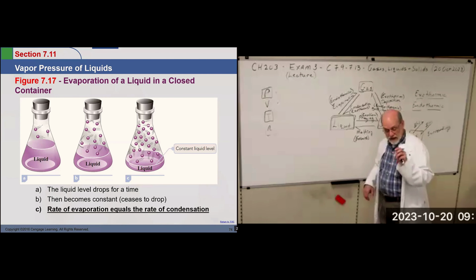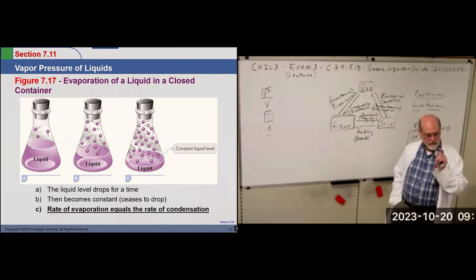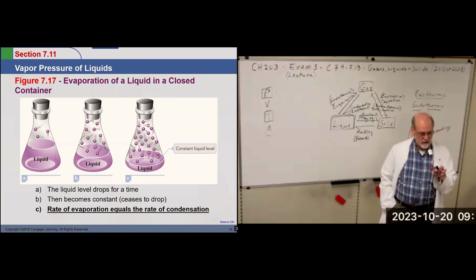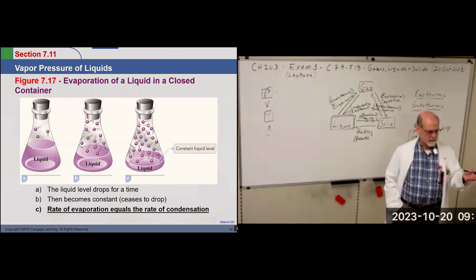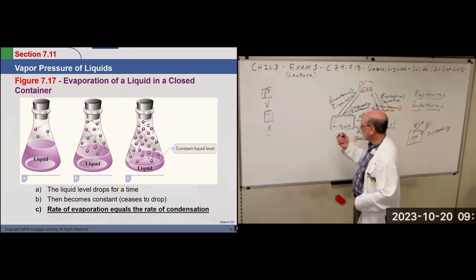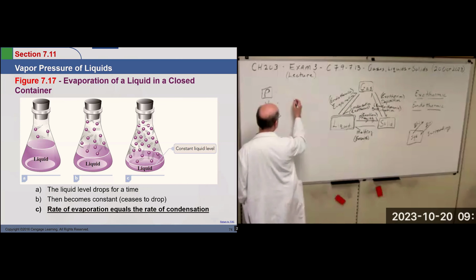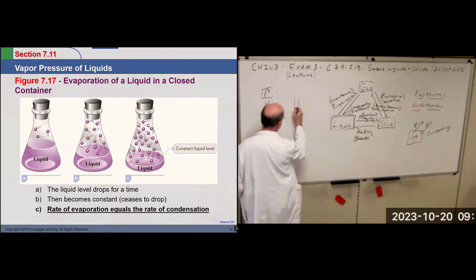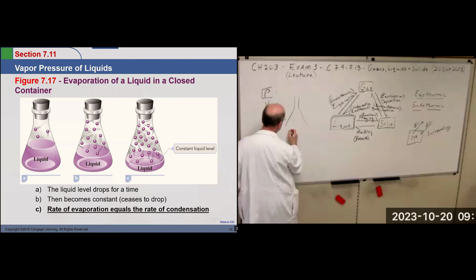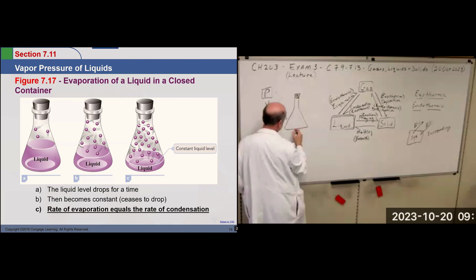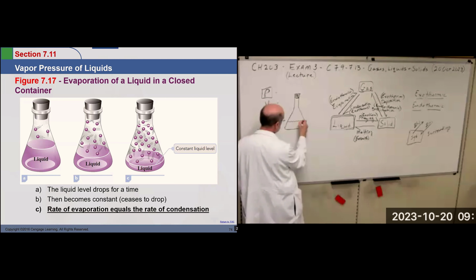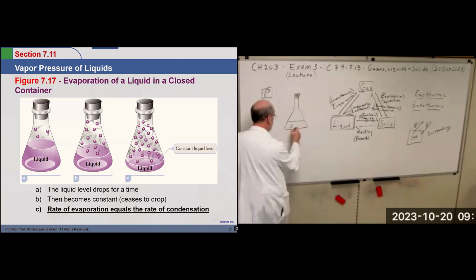All right. Now we're going to talk about the evaporation of a liquid in a closed container so that we can get a handle on the effect of this head pressure. So if we have a closed container, and they're using an Erlenmeyer flask there, that's okay, flat like that. And if we put a stopper in it, and we have a liquid down here, okay?